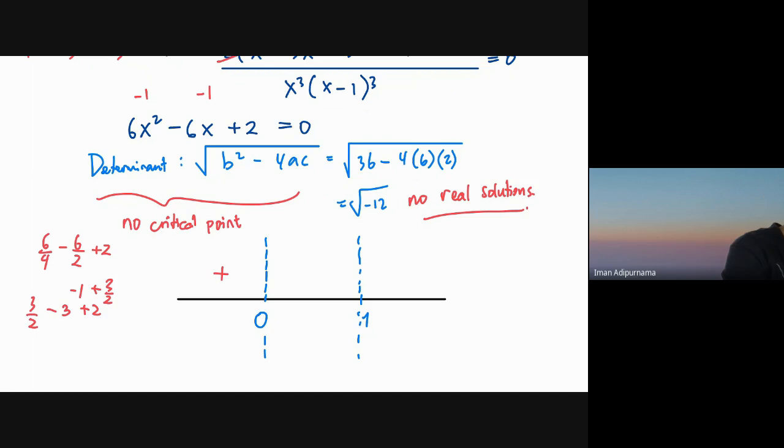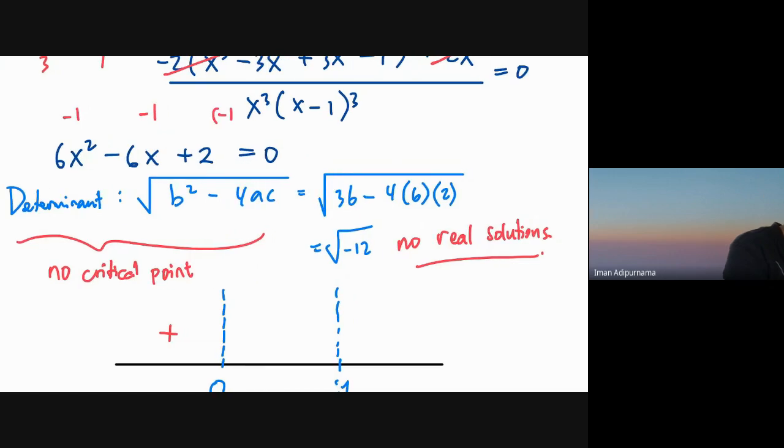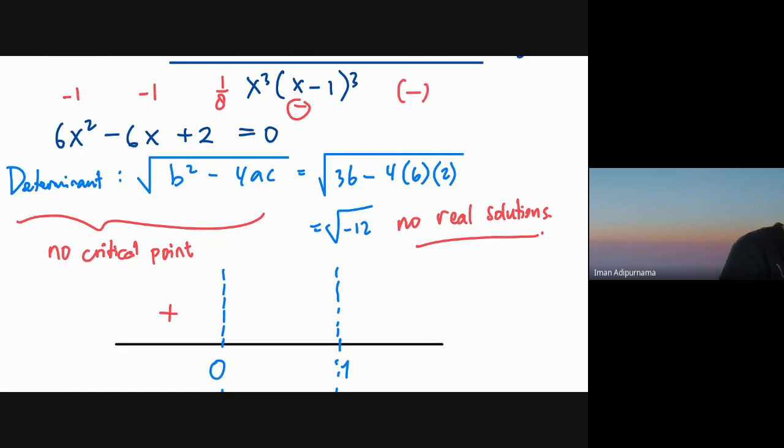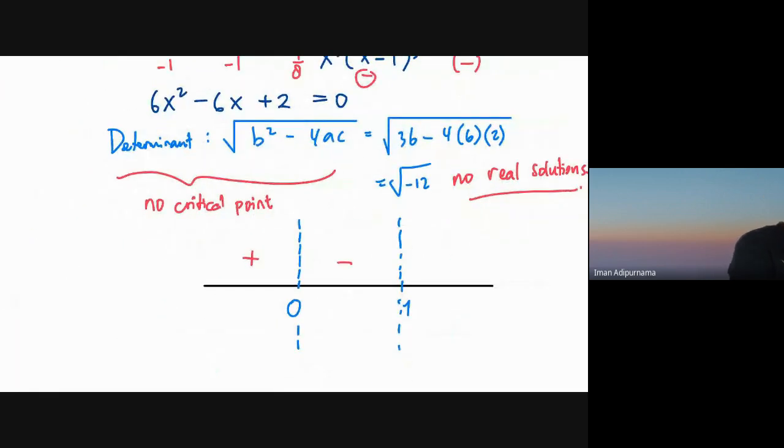But by looking at the x cubed here, I still have 1, negative 1, negative 1, negative 2. Yeah, negative 1 is positive. If we have half, 1 over 8, this will be negative, negative, positive. The bottom is negative for 0 to 1. So positive divided by negative, this will be negative. You can check this.